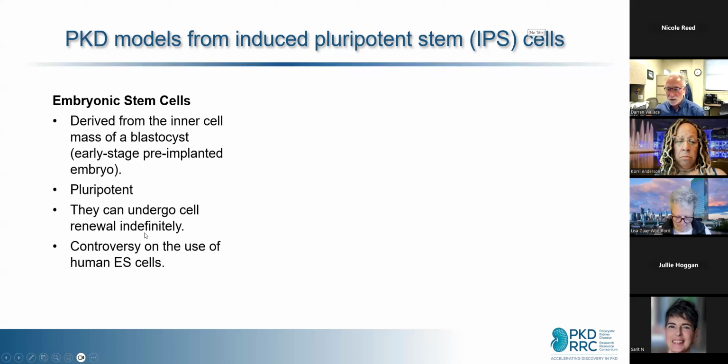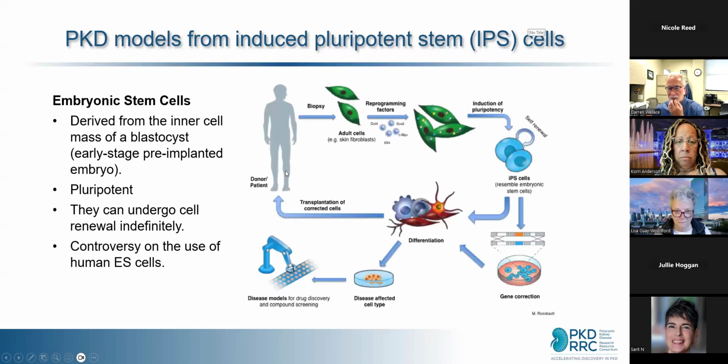They undergo cell renewal indefinitely, meaning that they will continue to proliferate in a de-differentiated state. So you could distribute these cells to multiple investigators, and then they can induce them to form different types of tissues. However, the use of human embryonic stem cells is controversial.